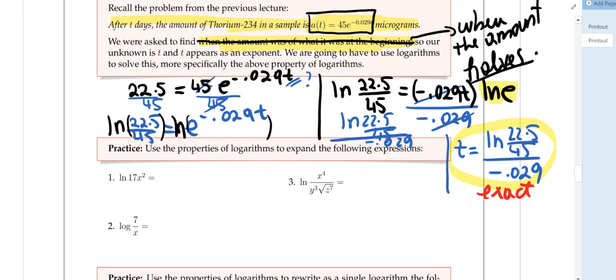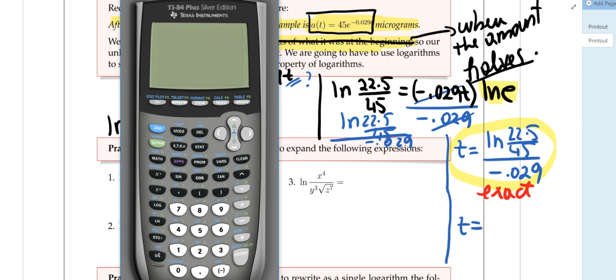And now to get an approximation, we're basically going to put that in our calculator. So t is going to be equal to, I'm going to put ln of 22.5 divided by 45, and then this is divided by negative 0.029.